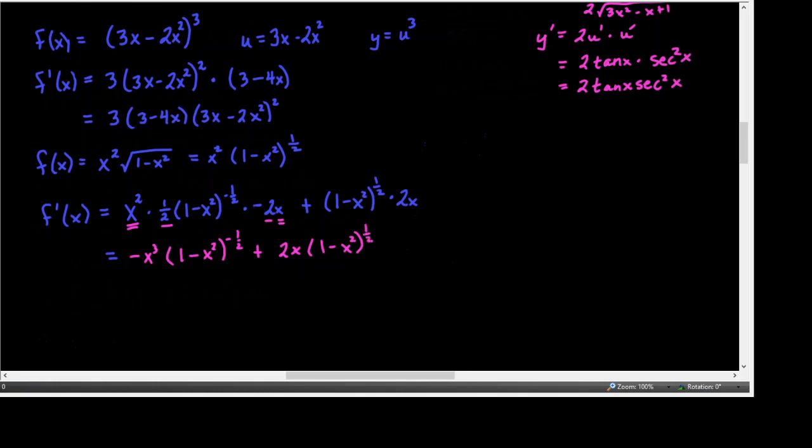Okay, so now let's factor. Looking at this, there's no numerical common factor. If that 1/2 hadn't been up there above and we'd still had a 2x, we would have pulled a 2 out as a common factor. But that 2 and the 1/2 canceled, so that's not an issue.